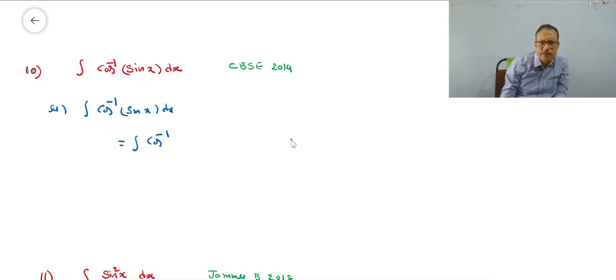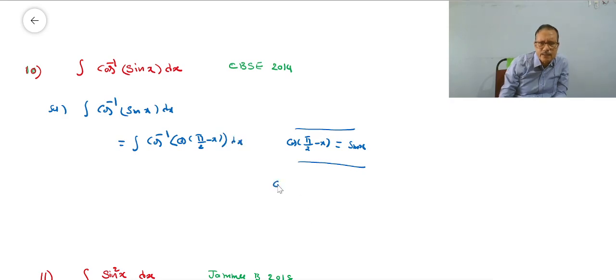So cos of 90, that is pi by 2 minus x, this is equal to sin x. So I am going to write cos of pi by 2 minus x in place of sin x. So cos inverse of cos of pi by 2 minus x dx.